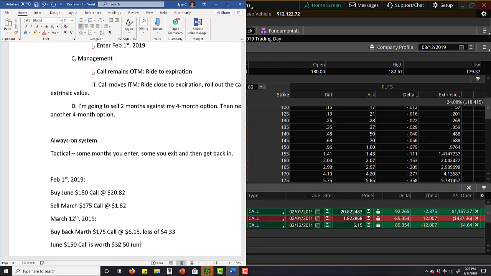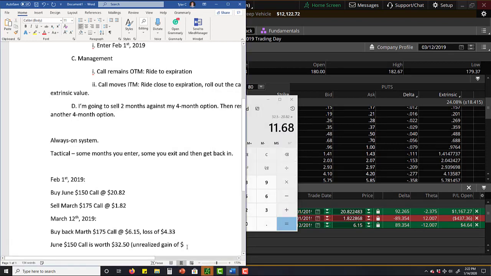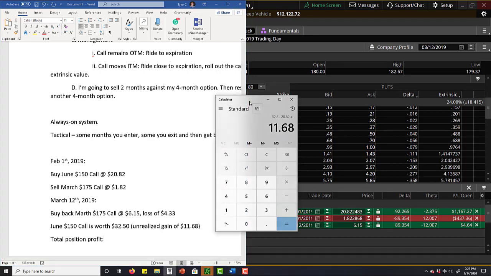So that has an unrealized gain. I bought it at $20.82, so I'm up $11.68. Basically, the total position profit at the end of that first month would be $11.68 minus $4.33, which is $7.35.